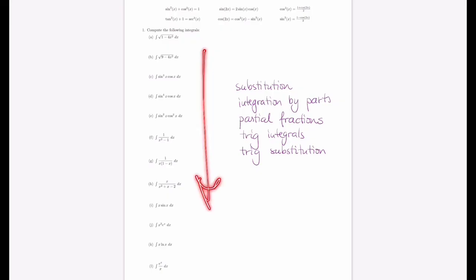Go through these integrals, see when each technique applies, and go through to evaluate them just to make sure that you have a good handle on all of the integration techniques that we've covered.